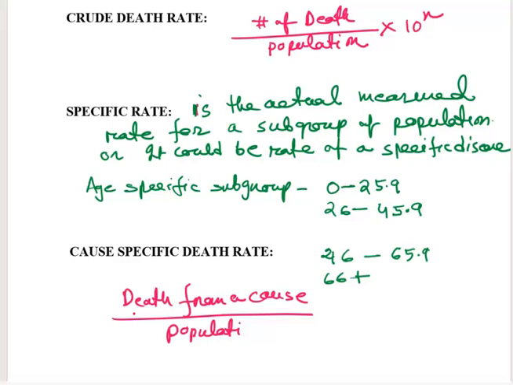That's the cause-specific mortality rate. Or if we want to count deaths among the age group of 0 to 25 and then divide by total people, that would be age-specific death rate.